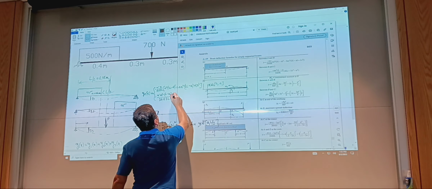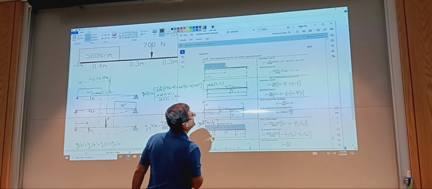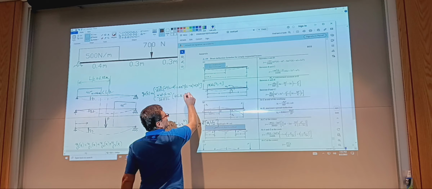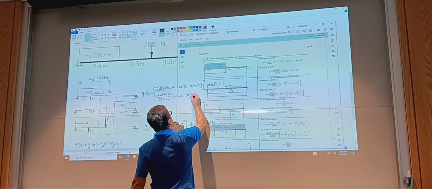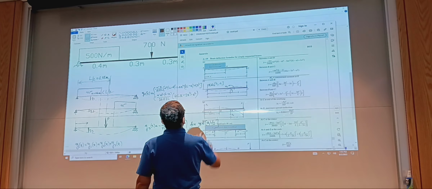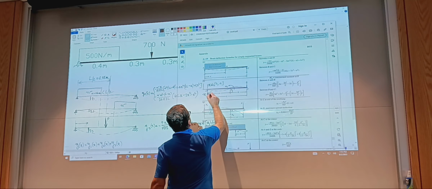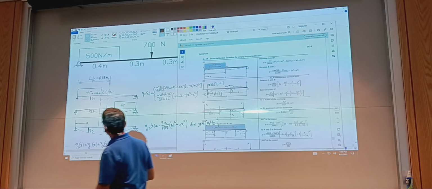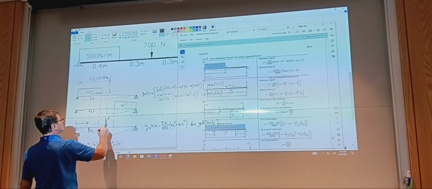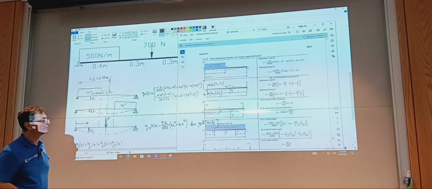And then the rest for L x minus 2x squared minus A squared. All right, and this is for x going between A and L over 2. We care about the equation just up to L over 2. The other will be just a mirror of it.